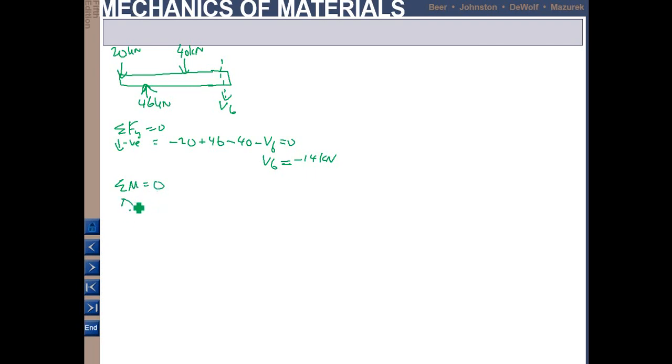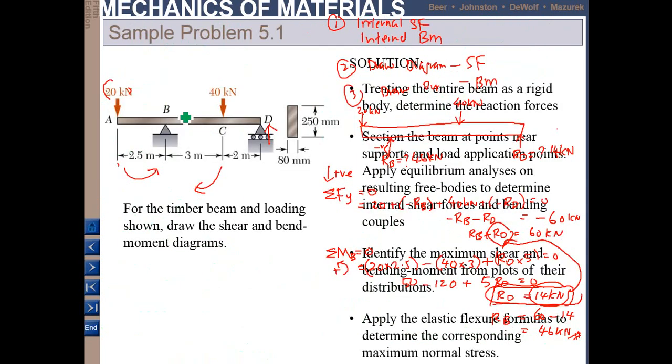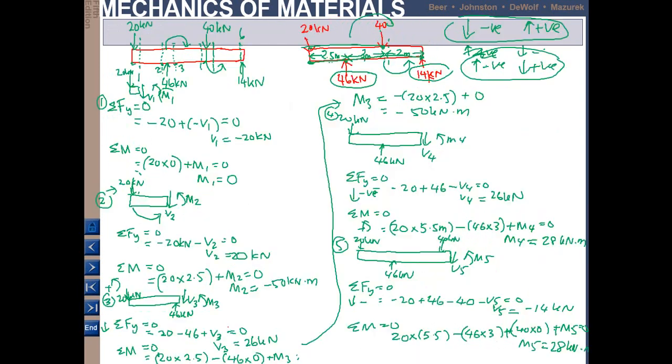If you consider this as positive, you will get 20 times 7.5, because the distance from here to here is 2.5 plus 3 meter plus 2 meter, so it is 7.5.